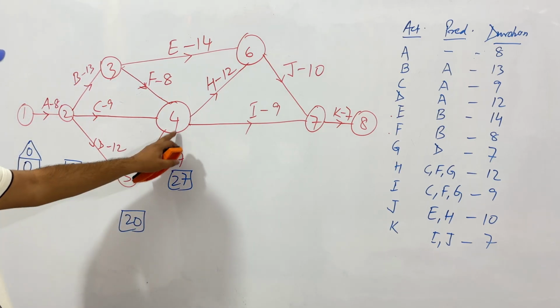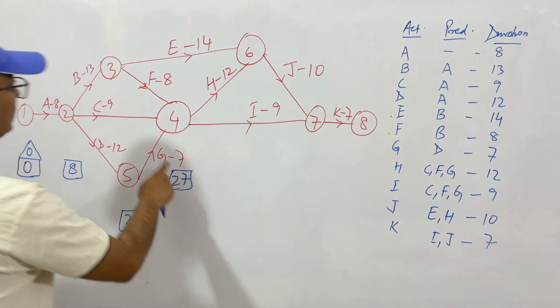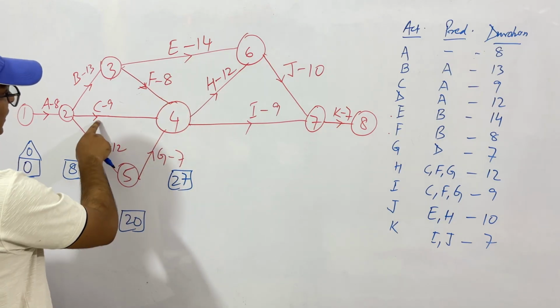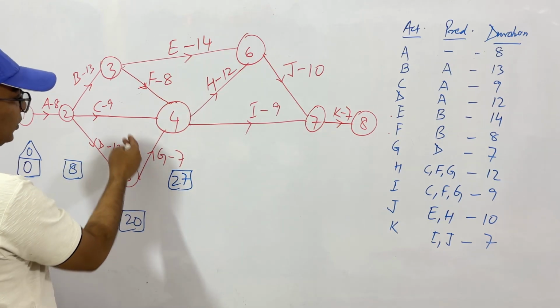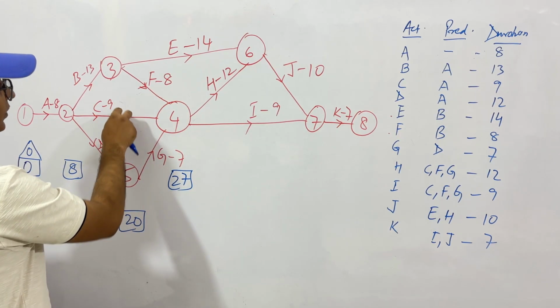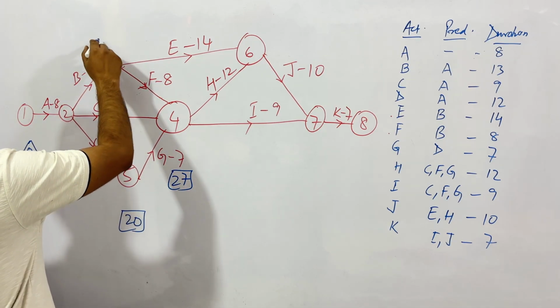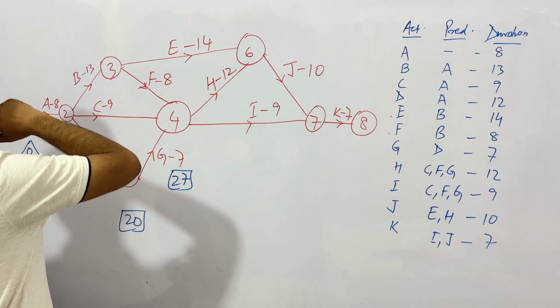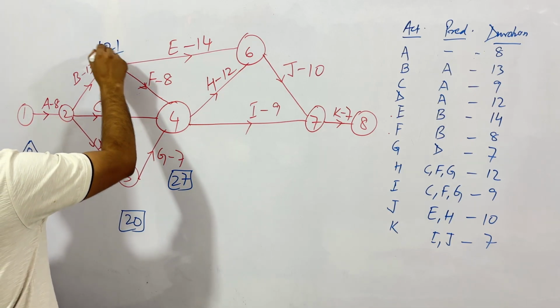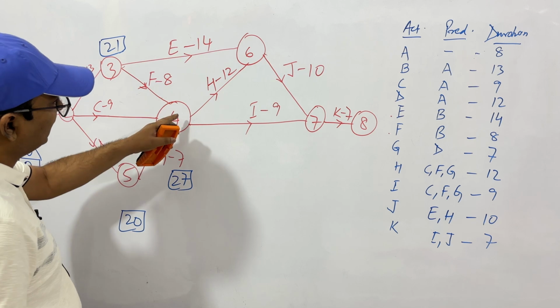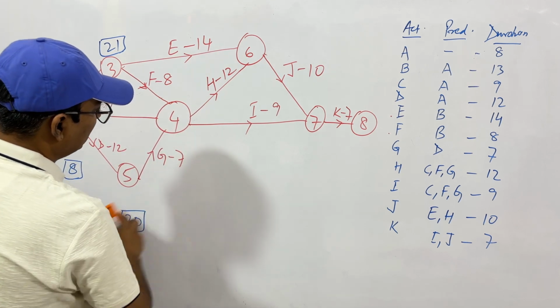No, we'll have to consider this one also. 3 activities are merging to this point. This one has less value, so let's find this one also. This is at 8, 8 and 13 means 21. Then 21 and 8 comes to 29. So this is greater, so we'll use 29.